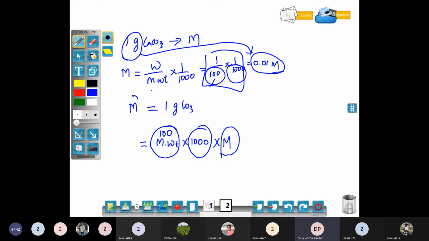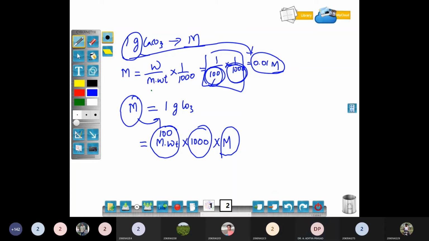If I want to convert molarity into grams, I multiply with 100 and 1000. If I want to convert grams into molarity, I divide with 100 and 1000.